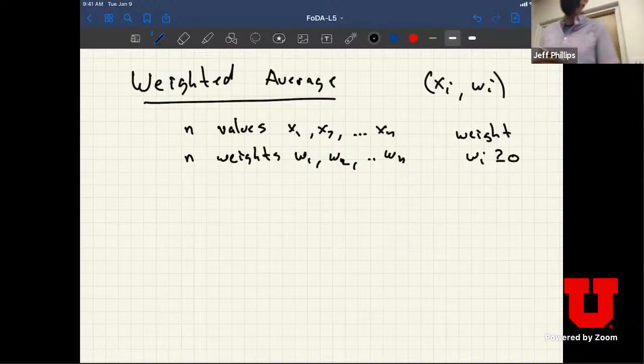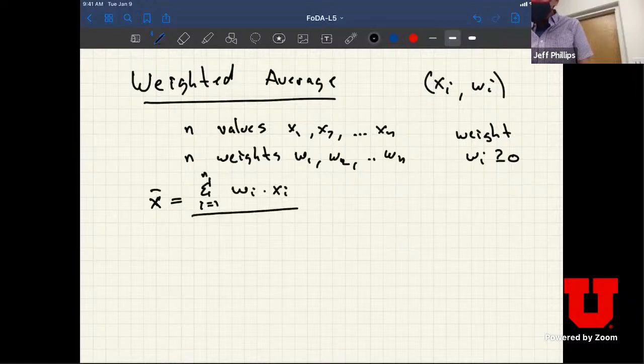I want to calculate what's called the weighted average, and let's call this x bar. It is going to be the sum over the n terms of the weight times xi, divided by the sum of the weights.